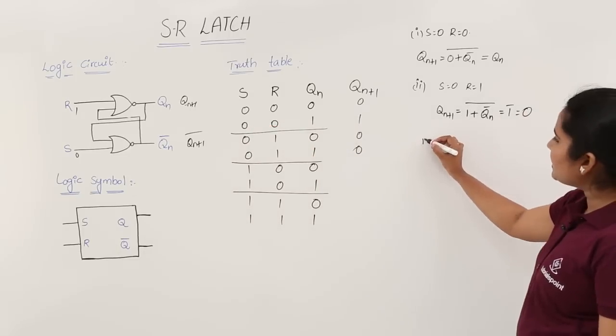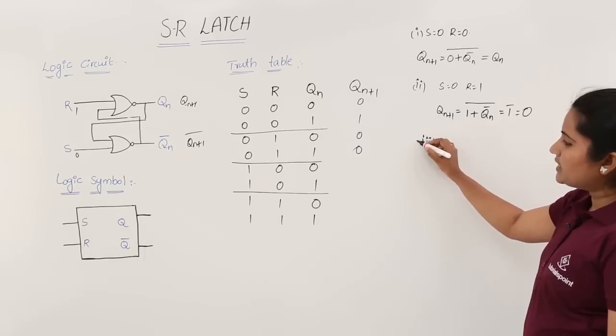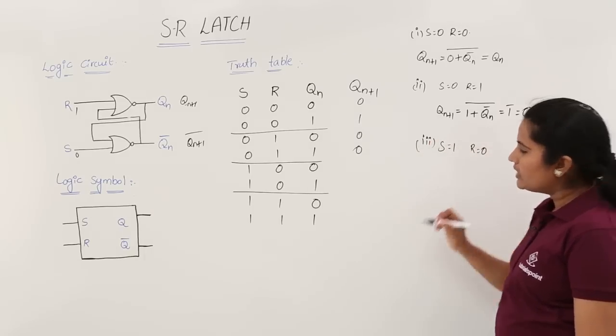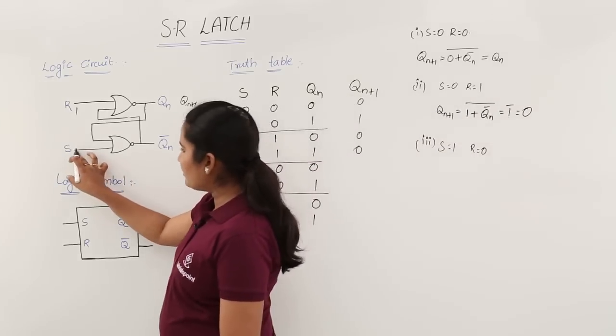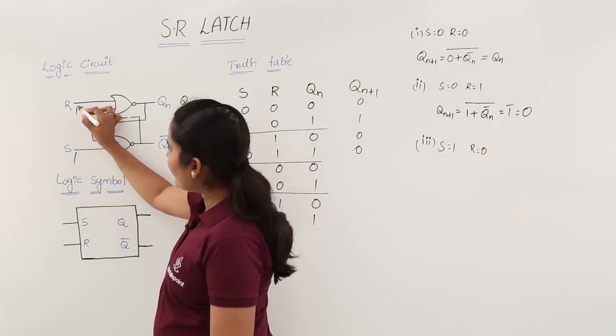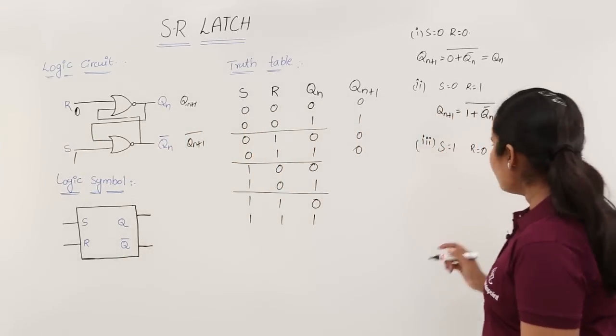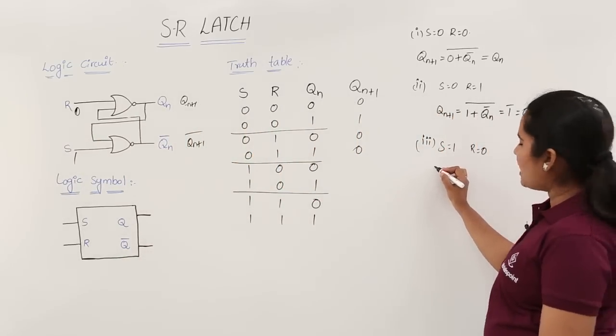So our third condition is S equal to 1, R equal to 0. Here you need to consider S equal to 1 and R equivalent to 0. Now in this case I am again considering the normal path.